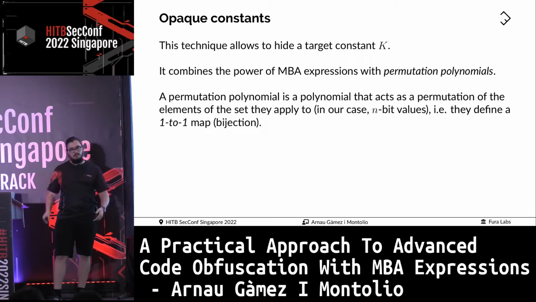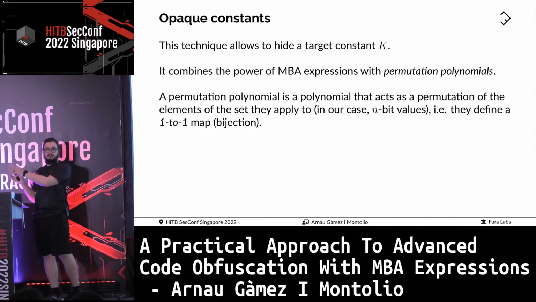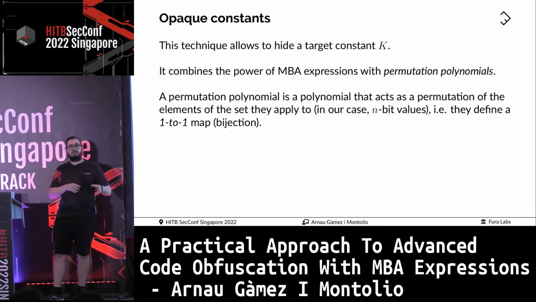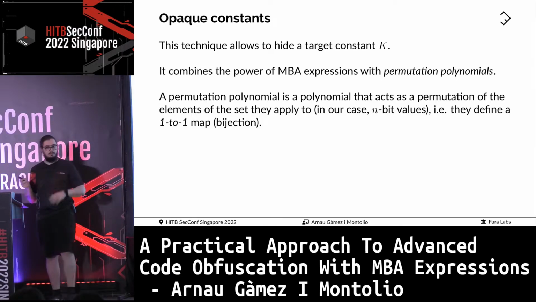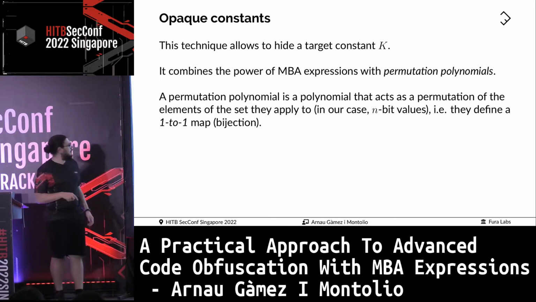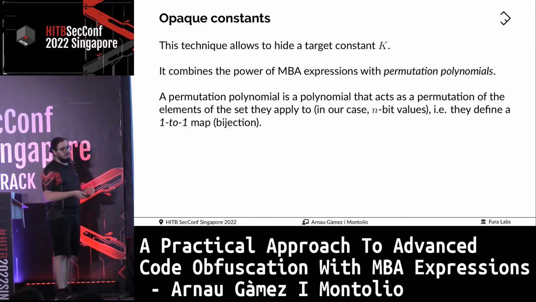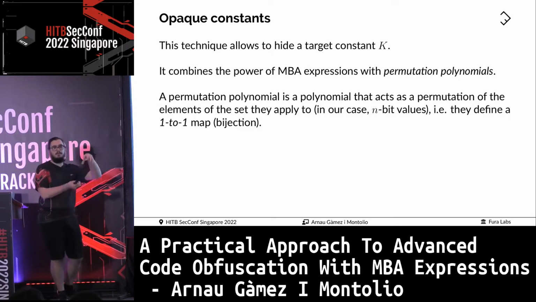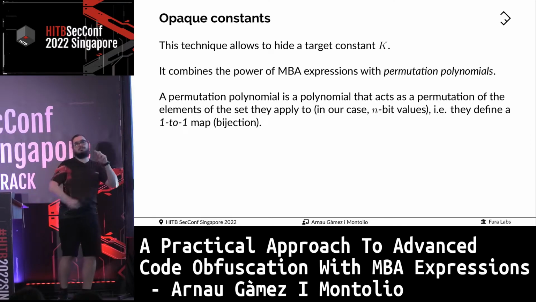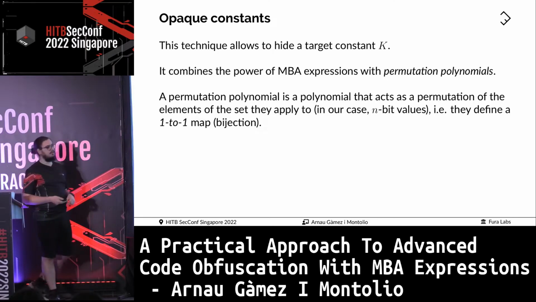Okay, which means that we can go from the initial values to whatever the polynomial leads us to, and we can go back because there's a one-to-one permutation. In our case, the values that we are using are N-bit values, so think of that as a reordering of our box of N-bit values in a way that is one-to-one, which means that we can apply the inverse reordering and get back the original values.